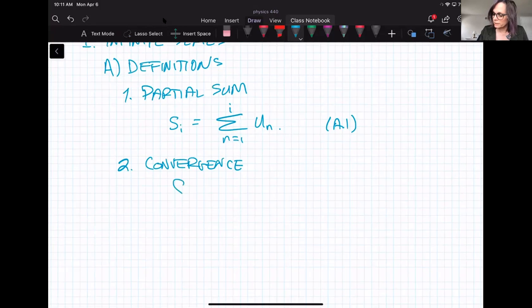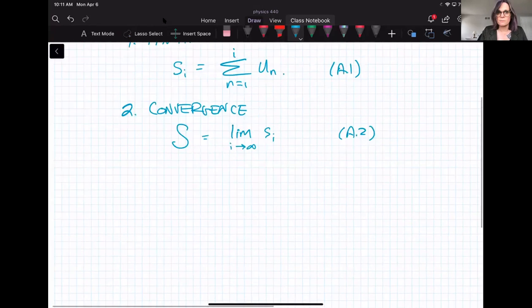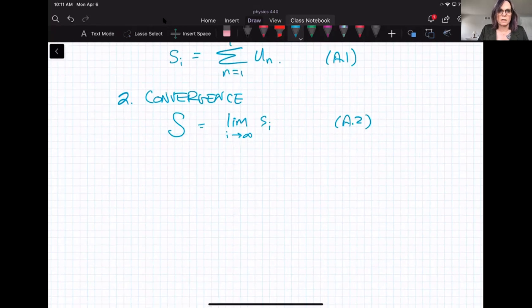So we can define the total sum S basically as the limit as I goes to infinity of S sub I. Now, actually computing these sums is a little tricky, usually involves some kind of mathematical induction. But we'll see that there are a couple of cases that are particularly important. And what we're using this for mostly is to see if something converges.